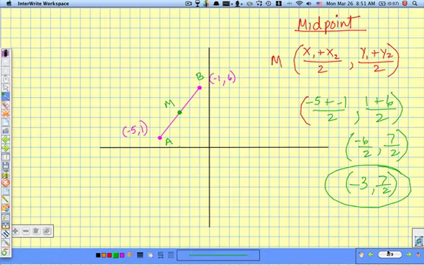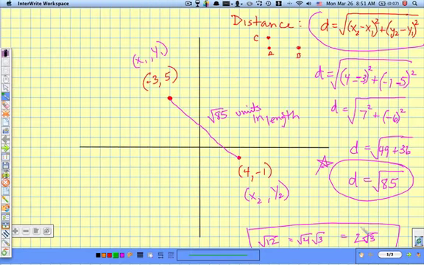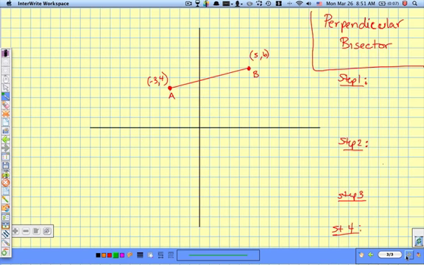Find the perpendicular bisector. No, not that one. That one right here. Find the perpendicular bisector of AB between -3, 4 and 5, 6. So, how do we do that? Step 1. Well, if it's a perpendicular and it's a bisector, the easier thing to do would be the bisector part.